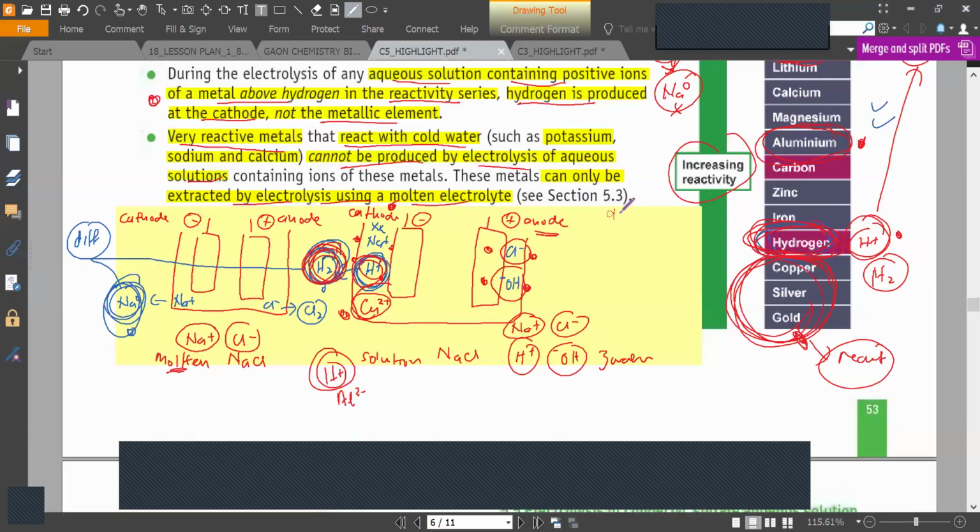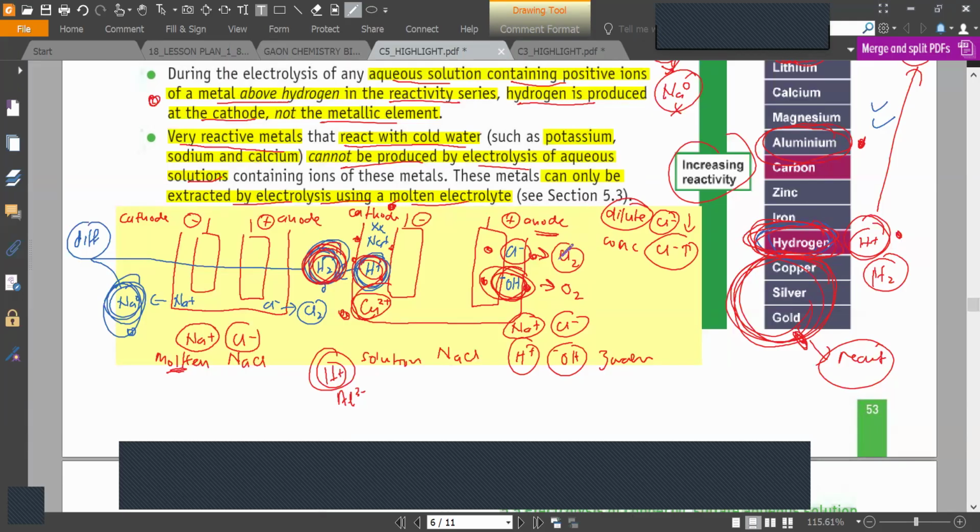If it is dilute, dilute means the chloride amount is low, so the hydroxide will react to form oxygen. But if we have concentrated solution, chloride is very high, then chloride will react to form chlorine gas. So you can see this is very complicated. In different situations, you will get different products.